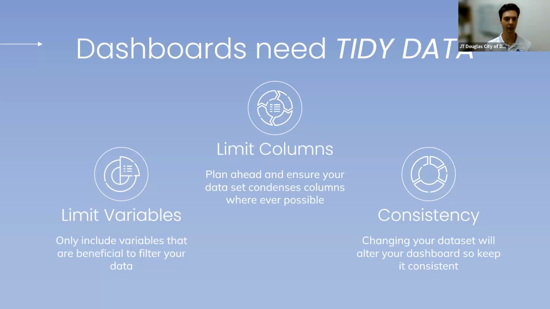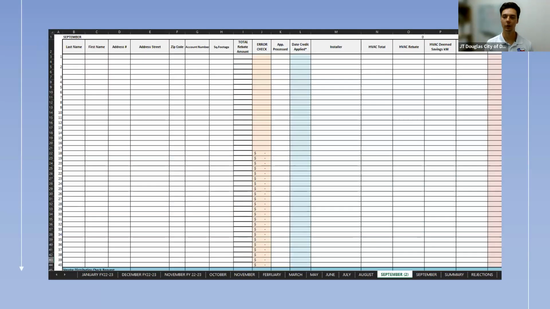Let me give a quick example of tidy data. What we're going to talk about first is what is not tidy data. A little bit of context here: this was a spreadsheet that I inherited for keeping track of the rebates that we offer for energy efficiency here at the city of Denton.